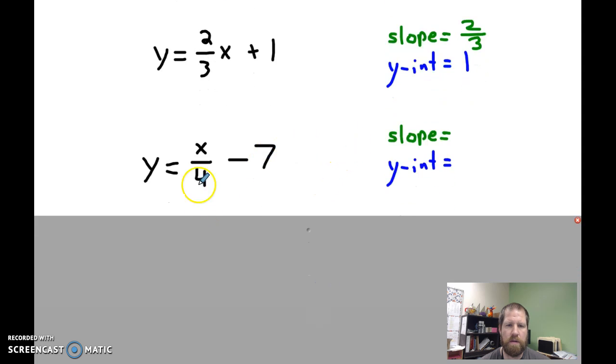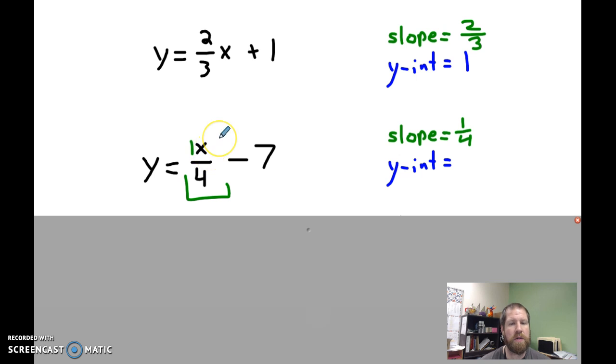Now for this one, my slope right here, instead of it being written as 2 over 3 times x, it's x over 4. Okay. Keep in mind, whenever you don't have a number next to x, it's just a 1. So this is basically the same as 1/4 x. My slope would be 1 over 4. Okay, your slope will never have x as a part of it.